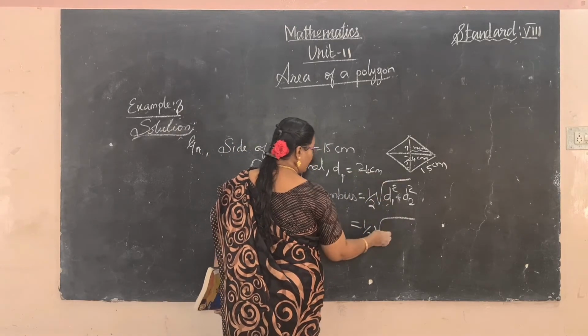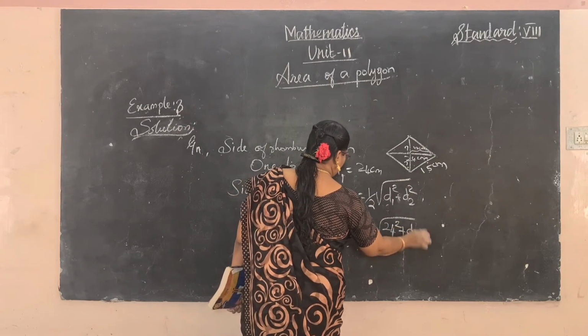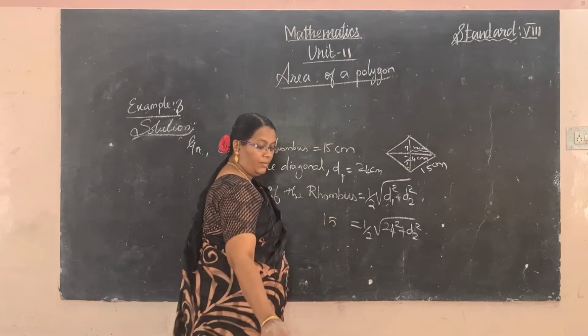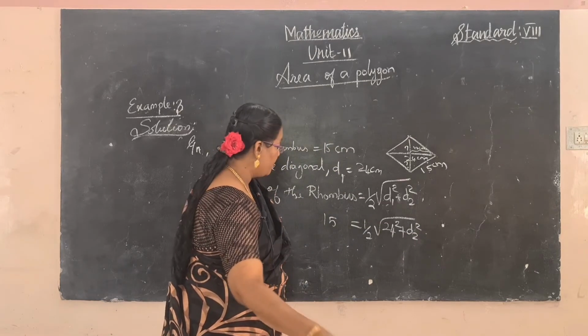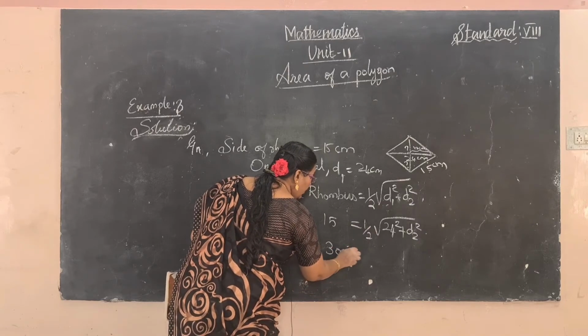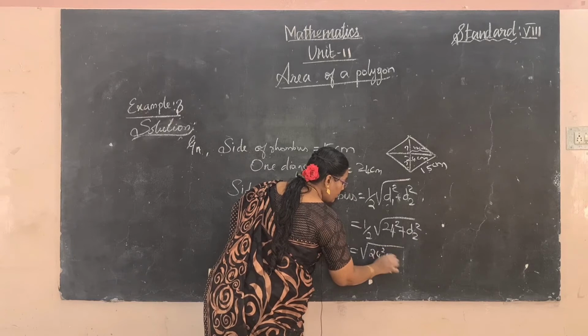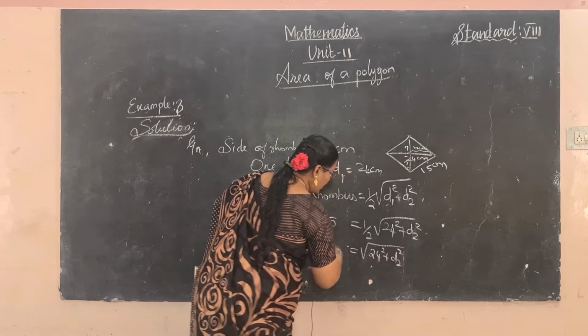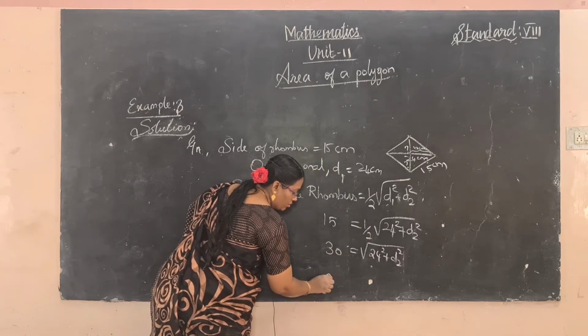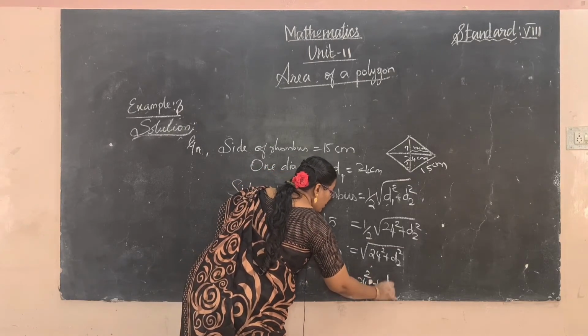D1 value was 24, so 24 square plus d2 square, which we don't know. So cross multiply: 30 is equal to square root of 24 square plus d2 square. Take square on both sides. So 30 squared is equal to 24 square plus d2 square.